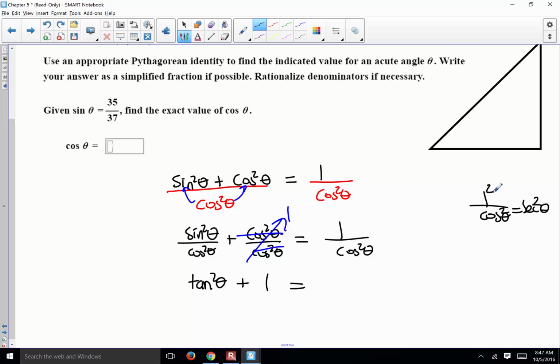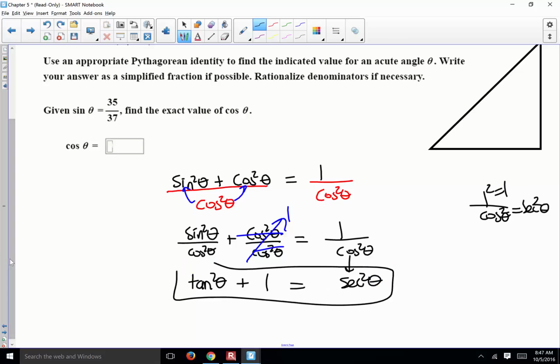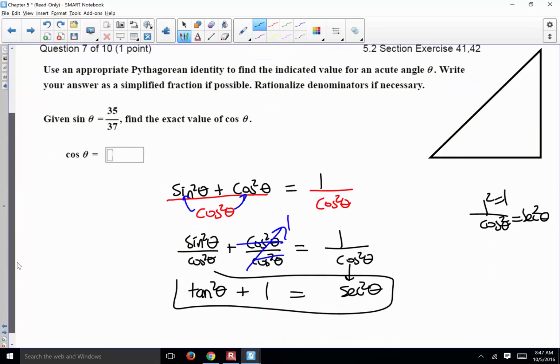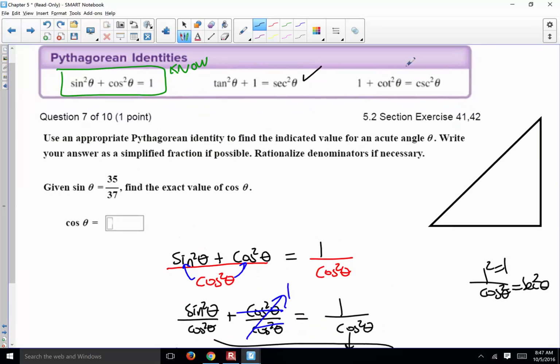So 1 squared is still 1, and 1 over cosine square is secant square. Which one did I get? This. How do you get this one? Right, instead of cosine square, divide by sine square, you will get this.